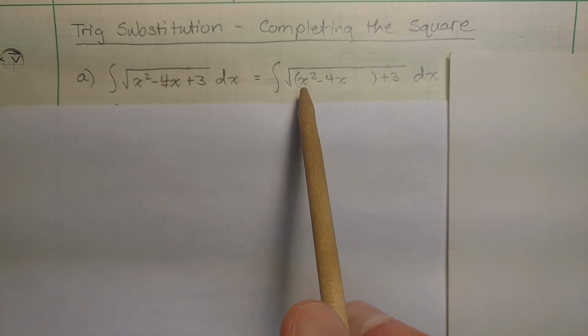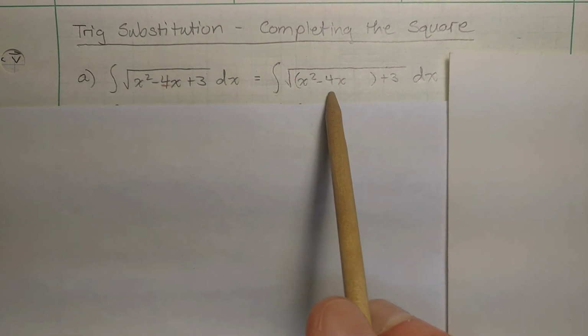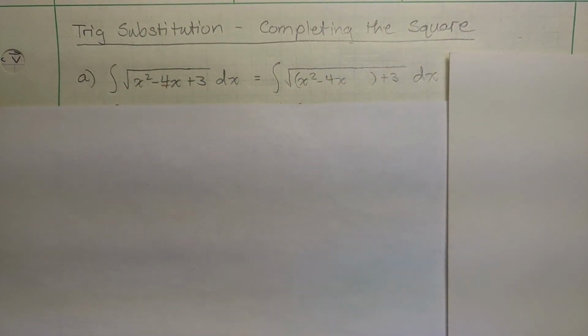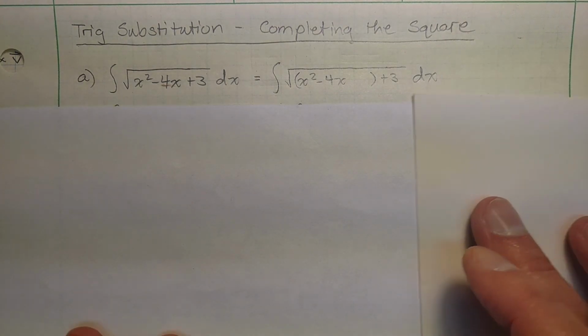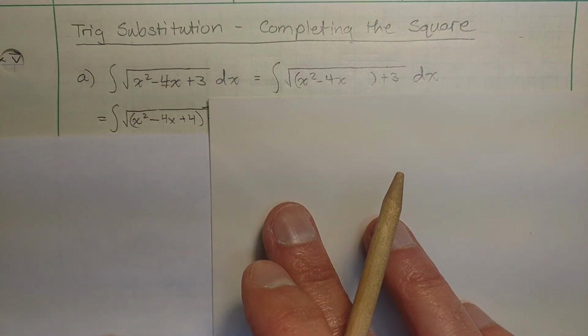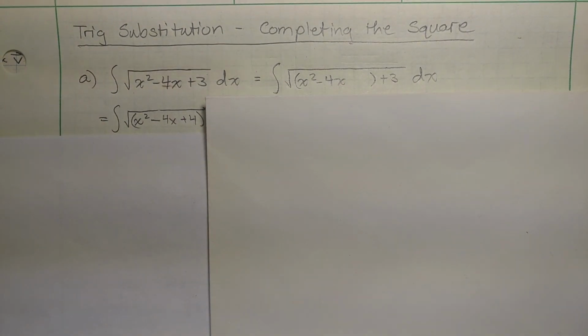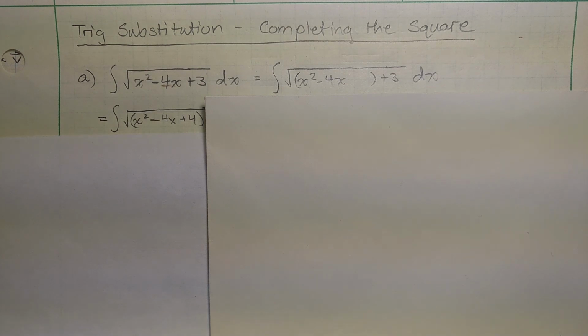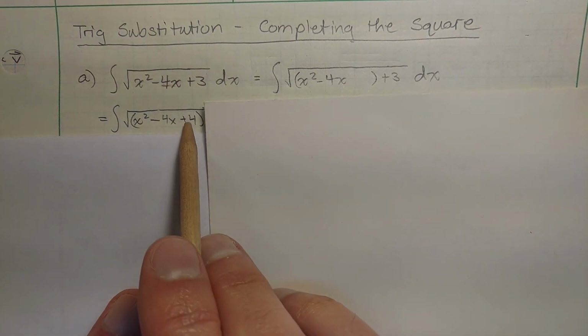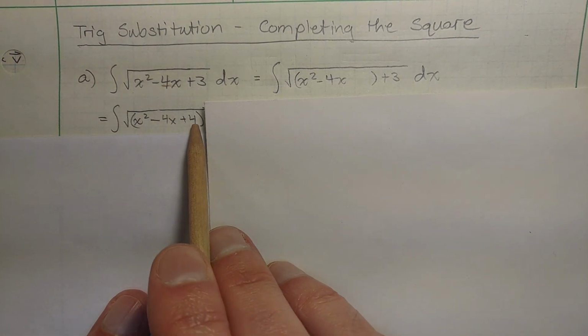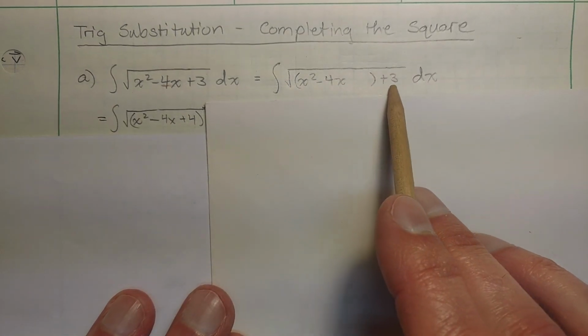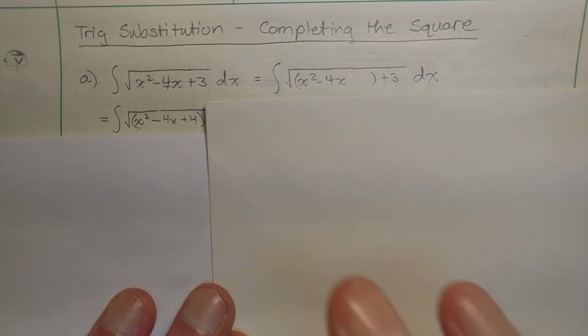What I'm trying to do is get this to be a perfect square so that I can express it as a square rather than just as a polynomial. So next, notice I'm going to take half of this -4, which is -2, and I'm going to square it. -2 times -2 is +4. So I have this +4. But if I just added 4, in order to keep it the same thing as this, I have to also subtract 4.